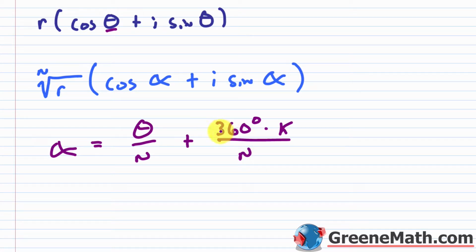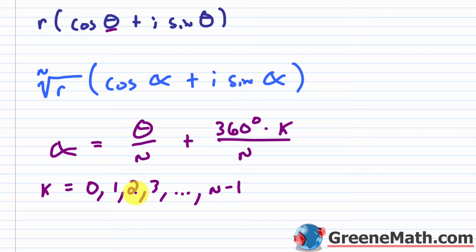So in our example, you saw 360 degrees divided by 3, which gave us 120 degrees. And then multiplied by k, where basically k is going to be equal to 0, 1, 2, 3. We'll put the 3 dots here to show the pattern continues, and then we'll go to n minus 1, okay? So in our case, our n was 3, so we went 0, 1, 2. Then 3 would give us a repeat solution, so would 4, so would 5, so would 6, and so on and so forth.